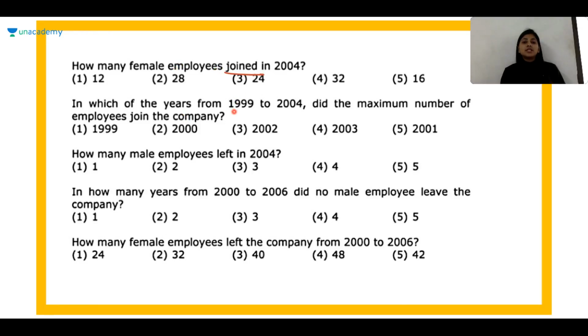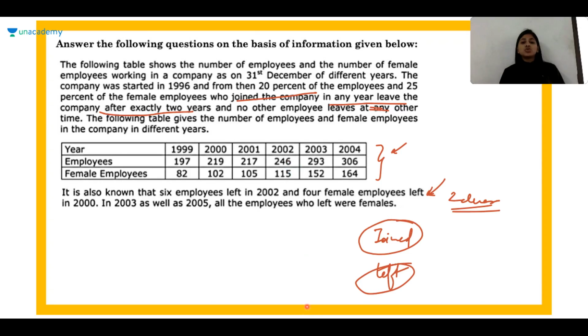In which of the years did the maximum employees join the company? How many male employees left? In how many years did no male employee leave? Or how many total females left the company from 2000 to 2006? To answer all these questions, you should know how many people joined and left in each of these years. Use the information and try to solve it.